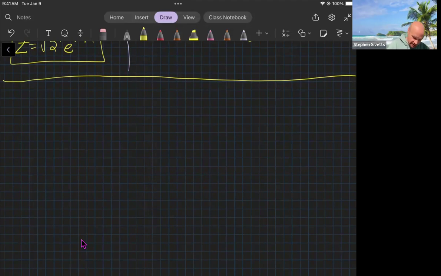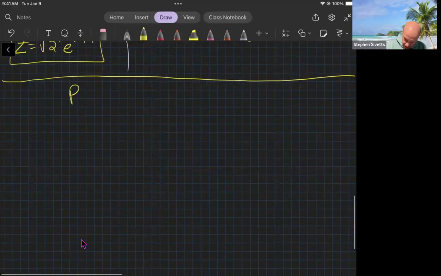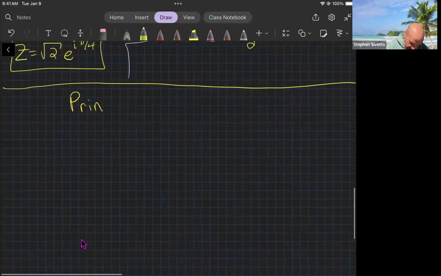So what we need to do is make what's called a branch cut. And this will be common in the next couple of sections. So we're going to look at a branch cut of the argument, and this is what's called the principal argument.